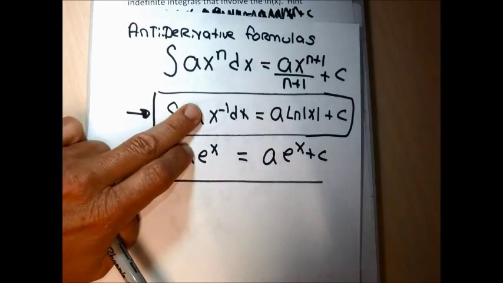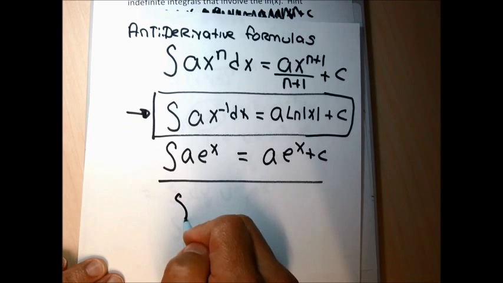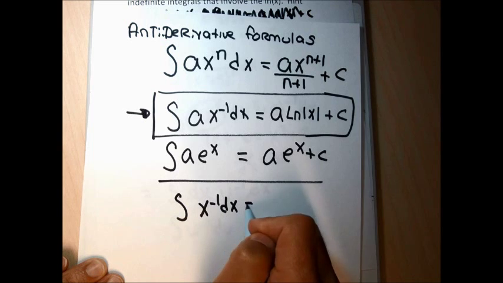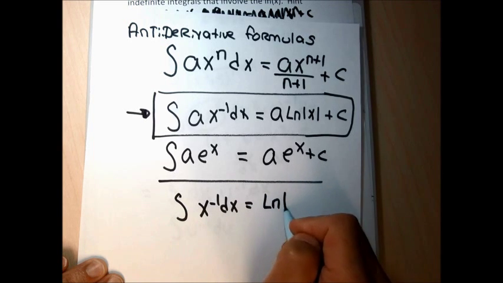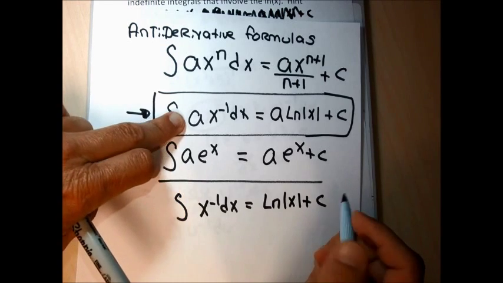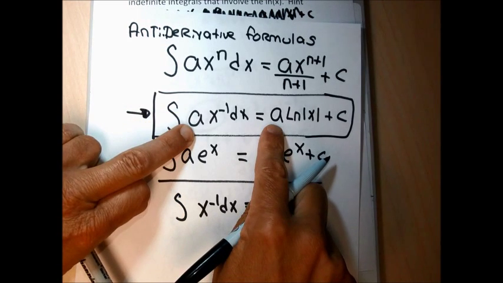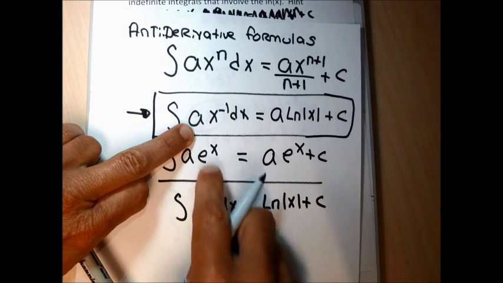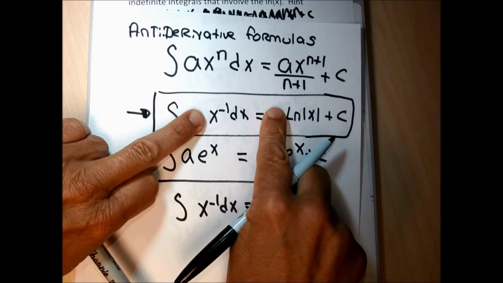Basically, it says the integral of x to the -1 dx equals the natural log of the absolute value of x plus c. In this formula, it also allows you to have a number in front of the x or the u. Since I don't have a number in front of the x, I'm not going to get a number in front of the natural log.